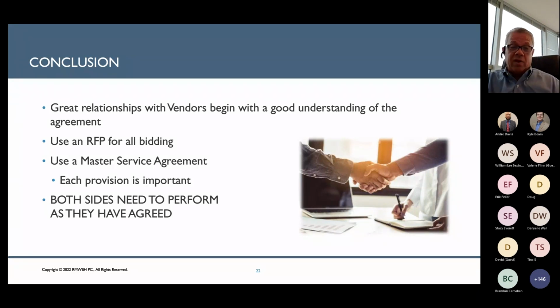And then, of course, as with any contract, both sides need to perform as they have agreed to perform. And that's where the issue is. That's where it takes a lot of board oversight, a lot of management company oversight, excuse me, to make sure that your landscaper is doing what they're supposed to do. I am sure you have all been in a meeting where the owners come and say that the landscaping is not being done correctly and who's watching them.